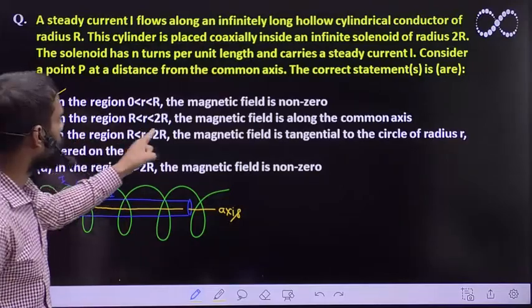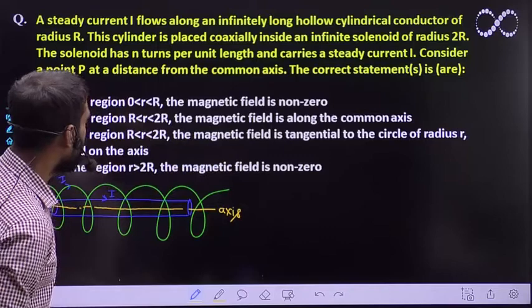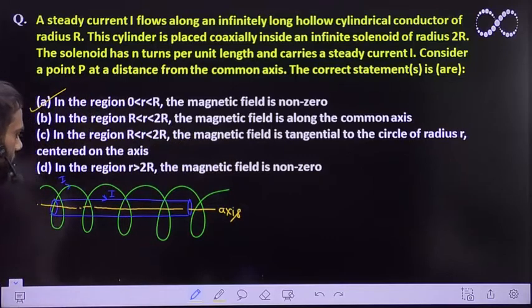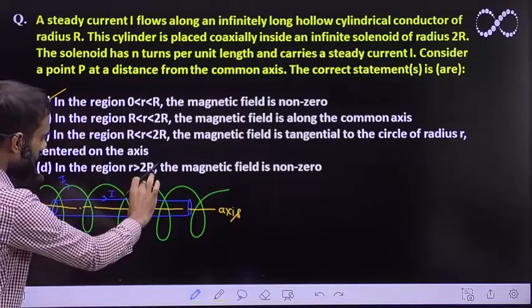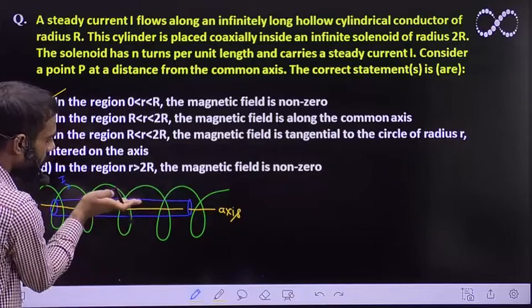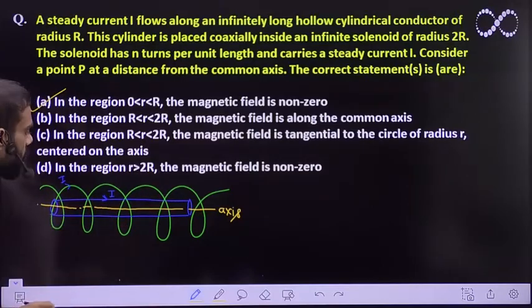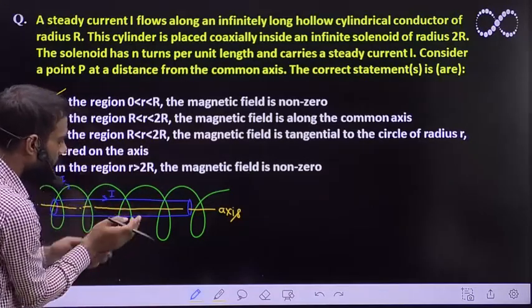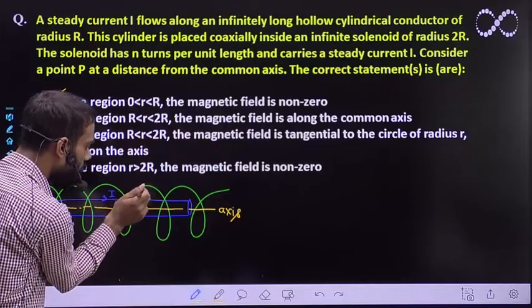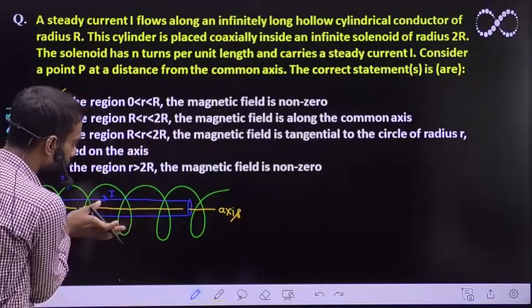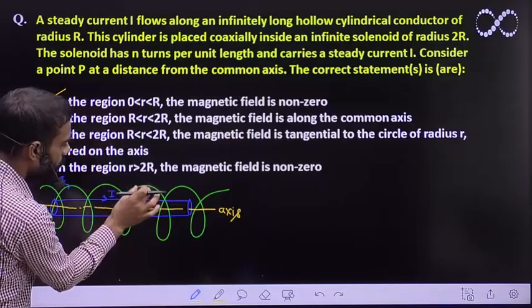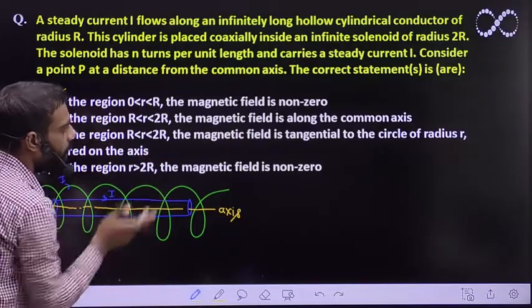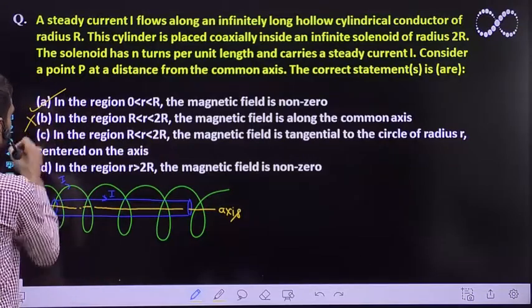But the option says the magnetic field is along the common axis. This won't be true, because in this region due to the solenoid the field will be along the axis, that is correct, but due to the cylinder the field will be perpendicular to the axis, going around in a circle. So overall the sum of these two vectors will not be along the axis. So this option is wrong.